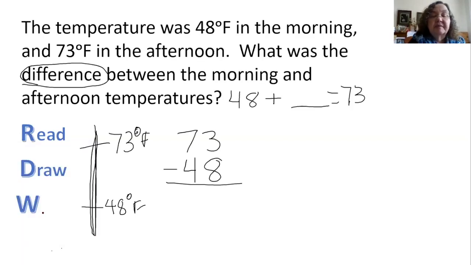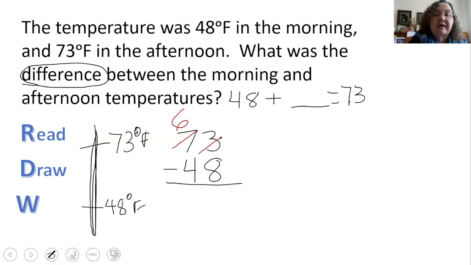I'm going to start in the ones column. Can I take 3 away from 8? No, I cannot. So where can I get some more ones? I can take one group of 10 from the tens column. So this will become 6, and I'm going to add that group of 10 to the ones.